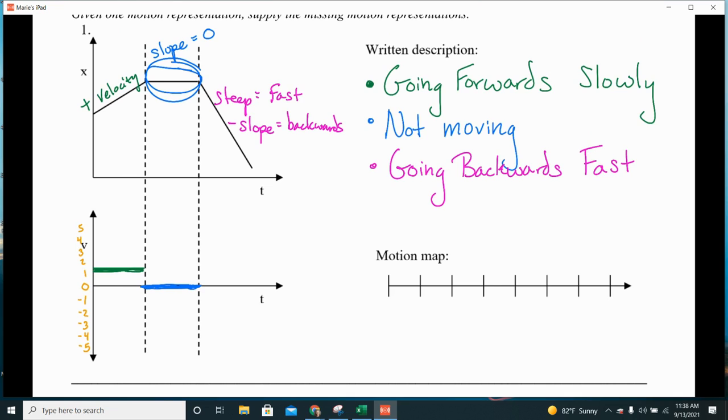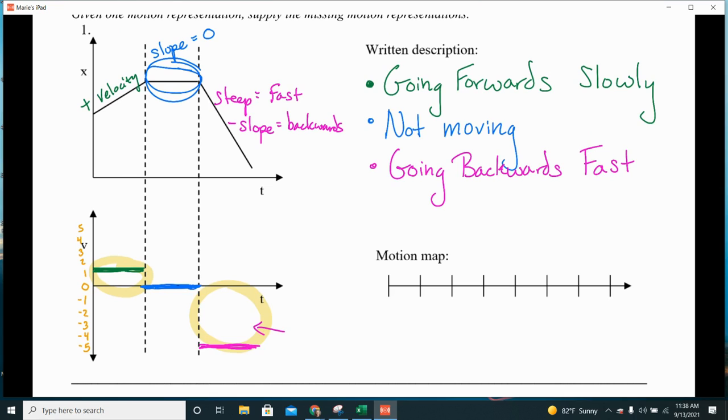And the last part is going backwards. And it's going backwards fast. It's a very negative slope, so I'm going to have a very negative velocity. So one thing to pay attention to here is make sure that this line is closer than that one.